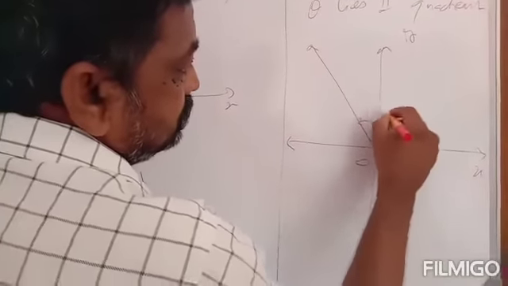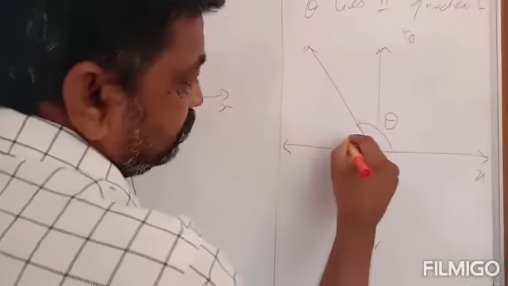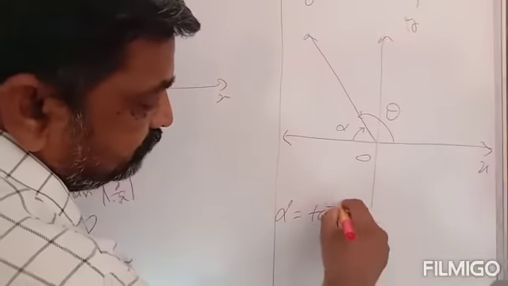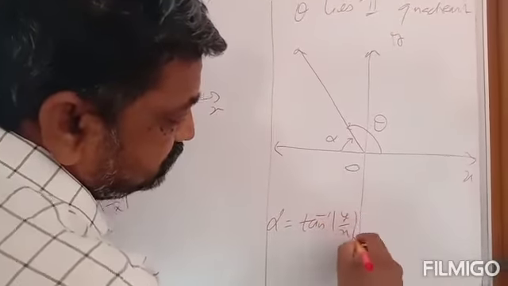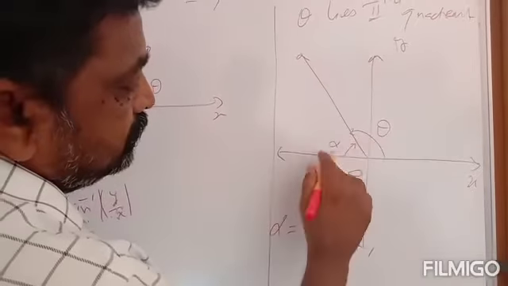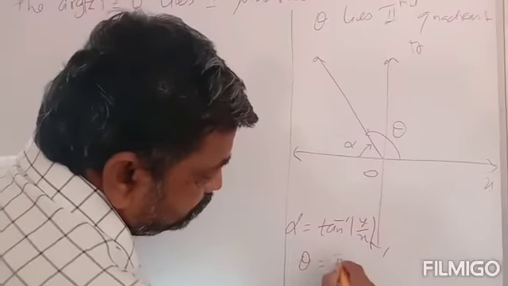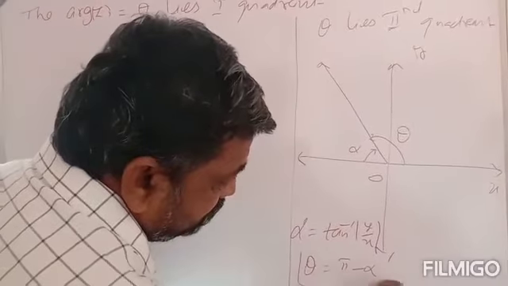Here alpha equals tan inverse of modulus y by x, but theta equals pi minus alpha. Therefore theta equals pi minus alpha.